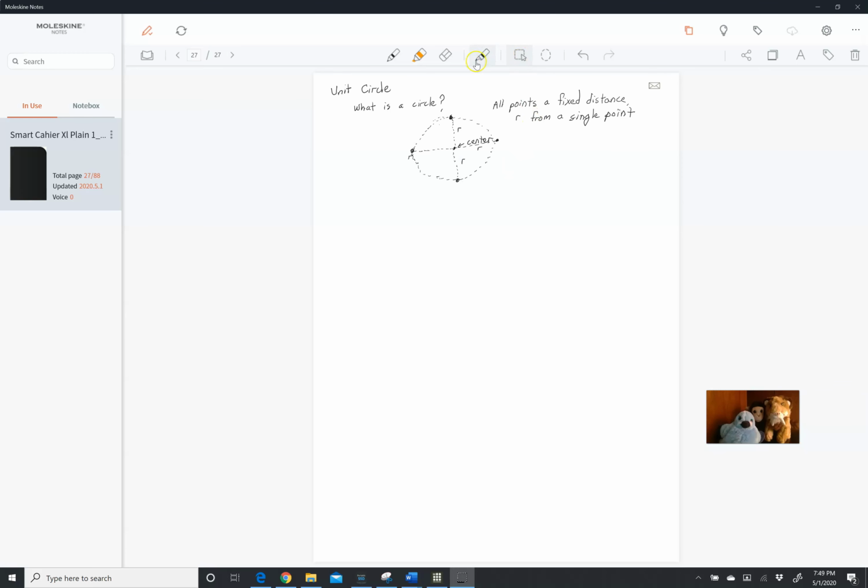That r is your radius, and this single point here is the center of your circle.